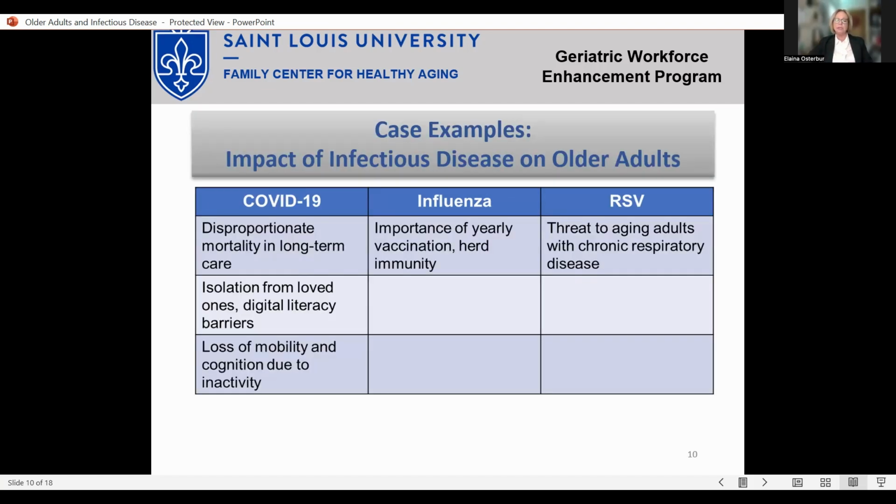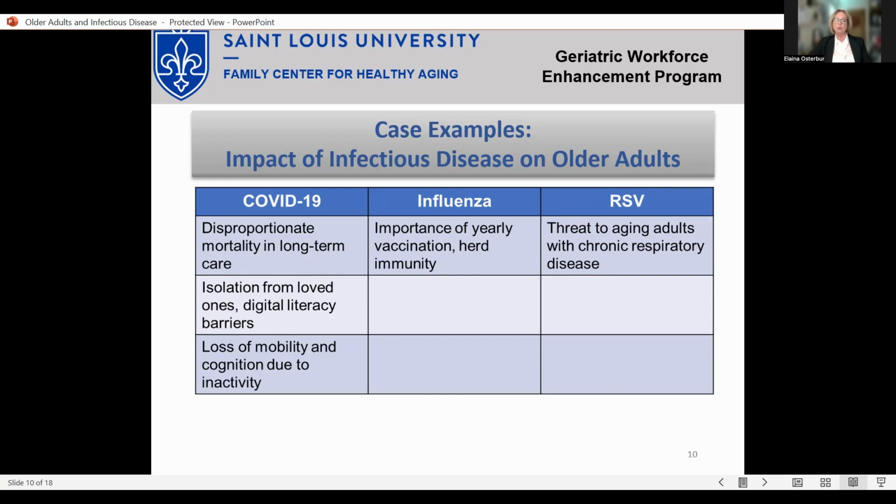So here are a few examples of how infectious diseases impact older adults. COVID-19, for example, disproportionately increases mortality among older adults in long-term care settings. The resulting isolation from loved ones during this time was particularly devastating, especially for individuals with limited digital literacy or access to technology like smartphones and tablets.